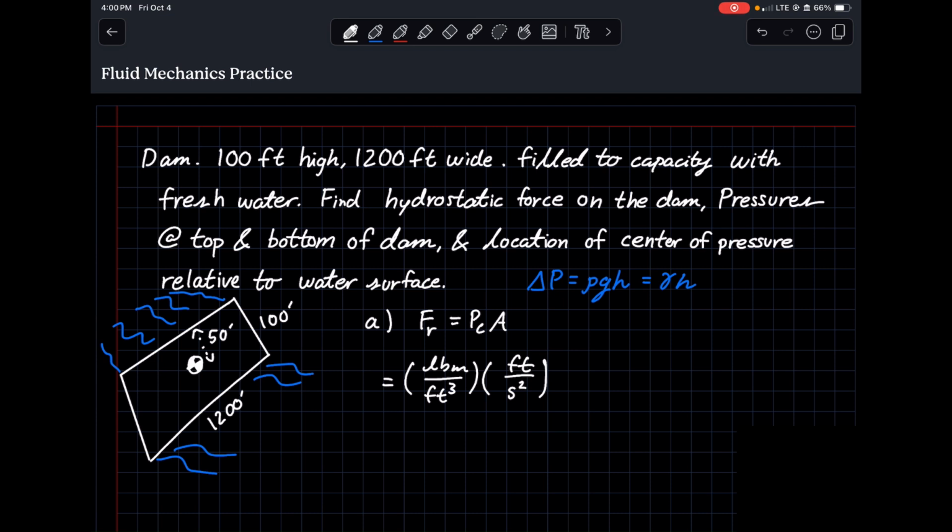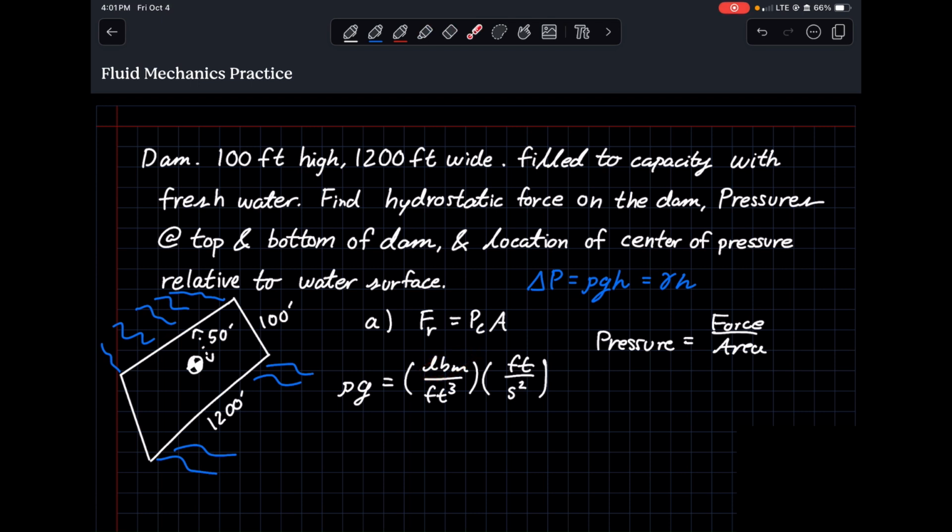Well, we're trying to get pressure, right? And pressure is defined as force over area. So over here with our rho g, you would have something that starts with pound mass.